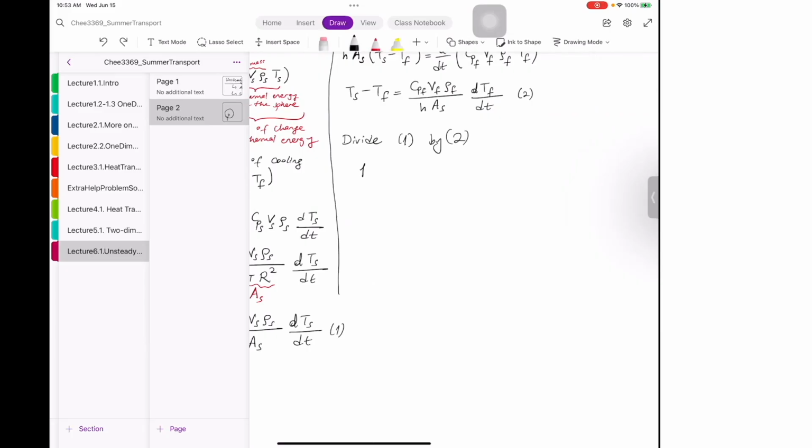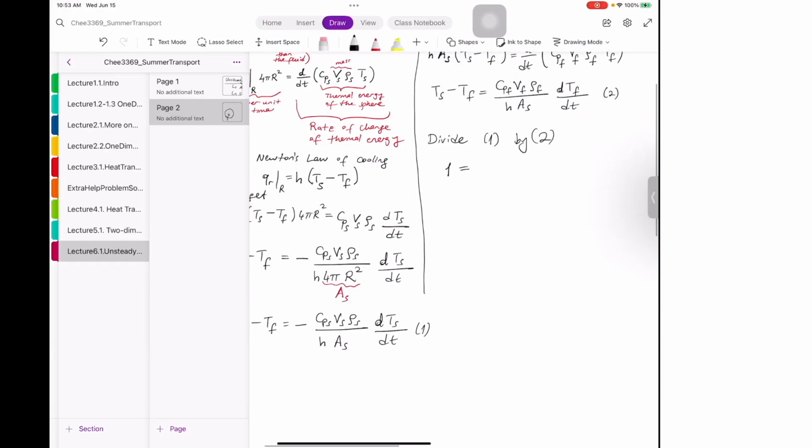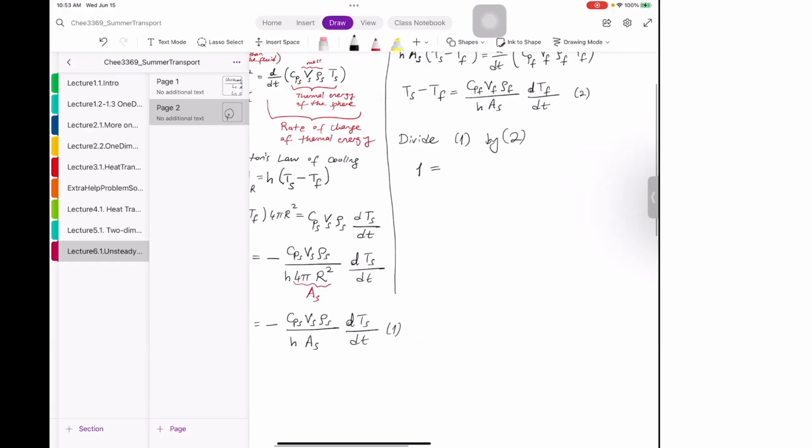You get 1 on the left-hand side is equal to hAs is cancelled, but you have the negative sign, Cps Vs rho s divided by Cpf Vf rho f, times dTs divided by dTf, sorry, the other way around, dTf divided by dTs.